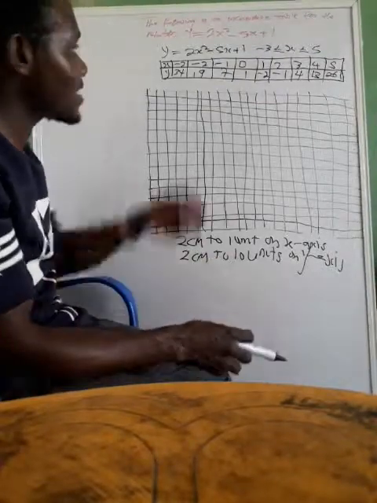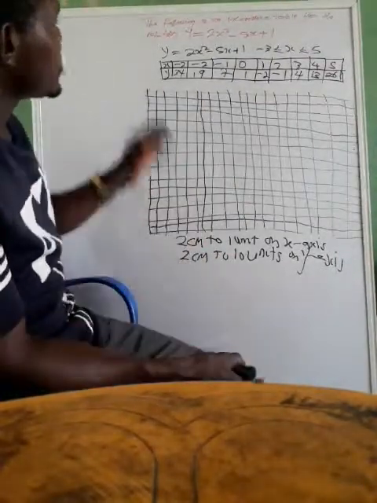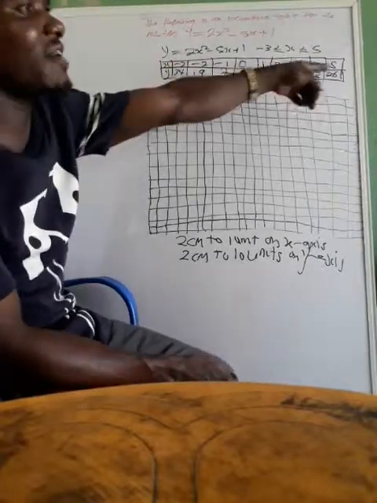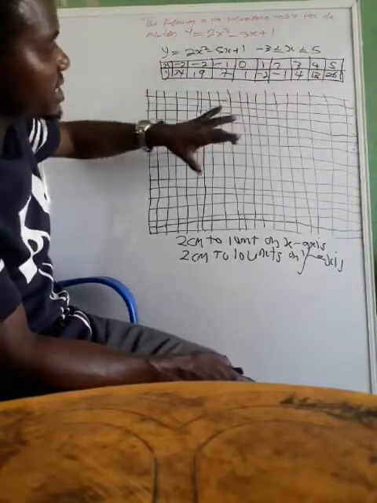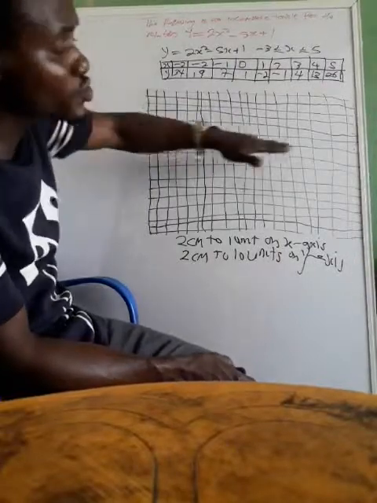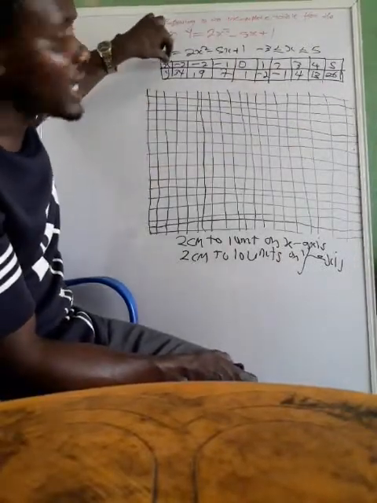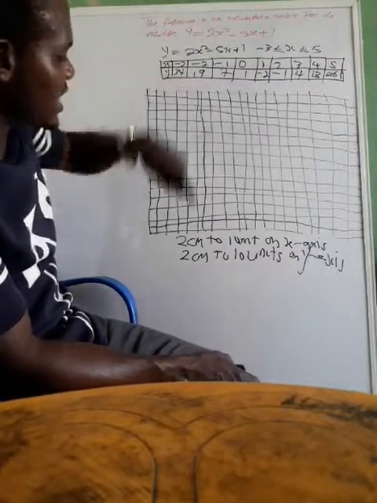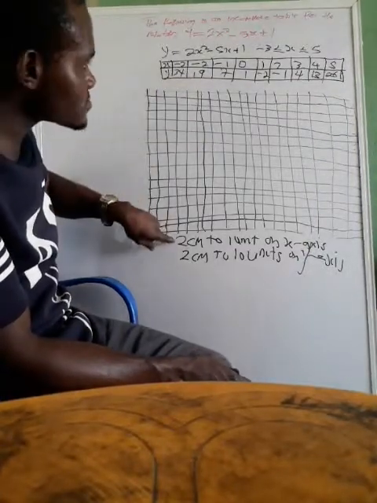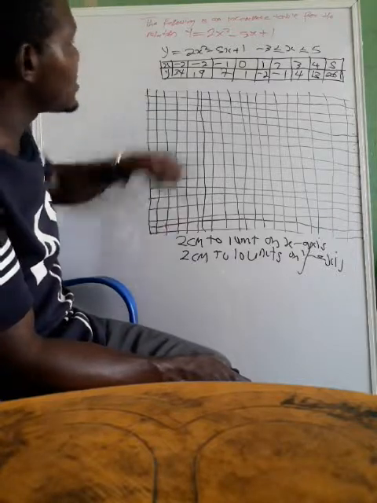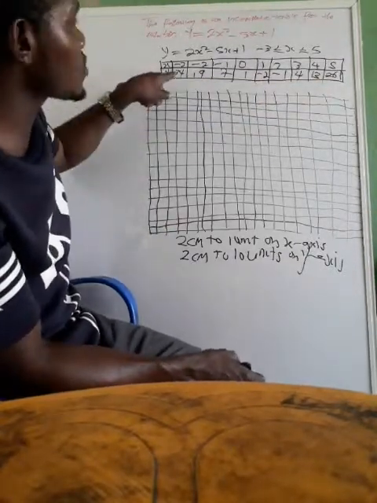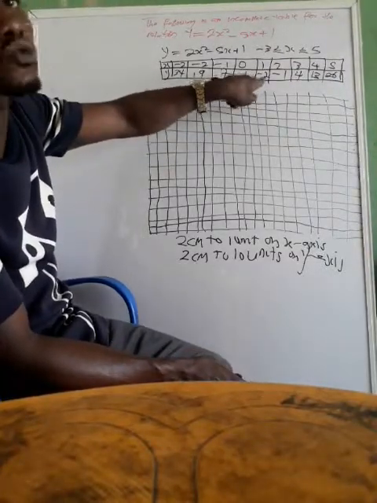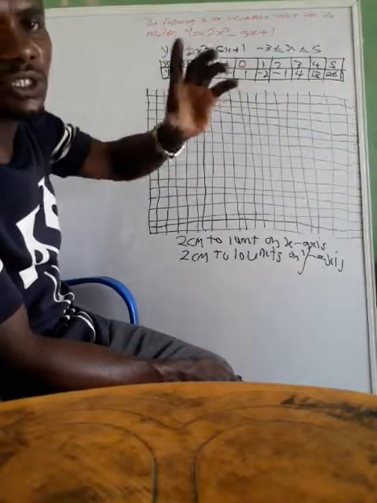You don't need to bother yourself. This scale will cover minus 3 and 5 for x. I must see minus 3 and 5 on the horizontal line. And for y, I must see 34, and once you see 34, you will see 36, and also minus 2. Do you see the logic?